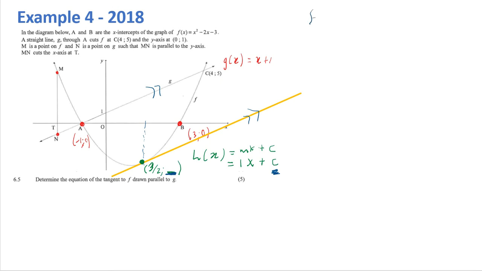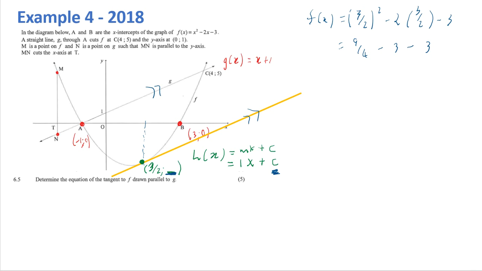All I'm going to do is compute this y value for the corresponding x value of 3/2, right? Minus 2 times 3/2, minus 3. That is 9/4 minus 3 minus 3.